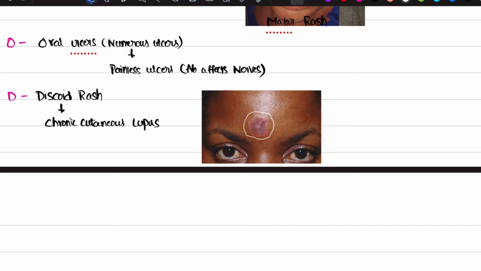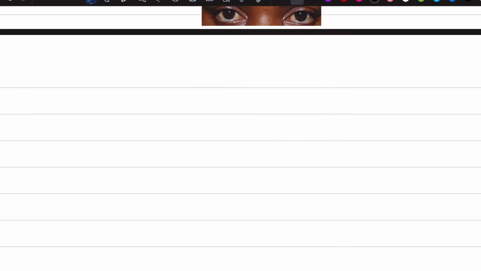You can see the white thing in the center. That is the scarring. We can see the discoid rash. I'm just writing it: discoid rash with central scarring. So this is how the discoid rash looks. So we finished the clinical features.